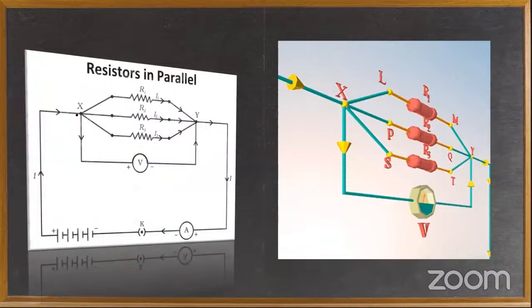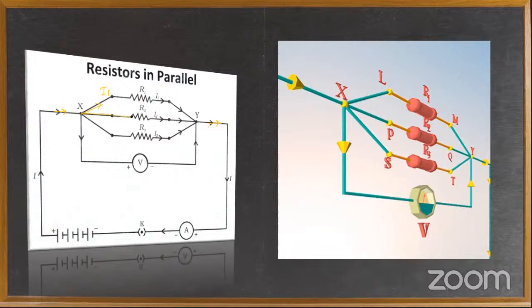In a parallel circuit, this is the current I, this is the input current, this is the output current. Current is passing through all these circuits. Then these resistances are in parallel. Current flows from this point and goes through this resistance, that is current I1.